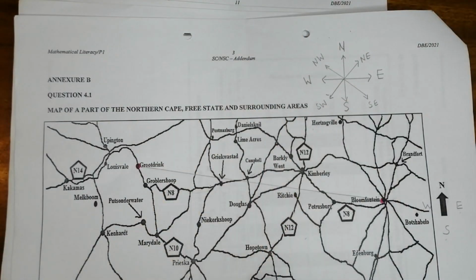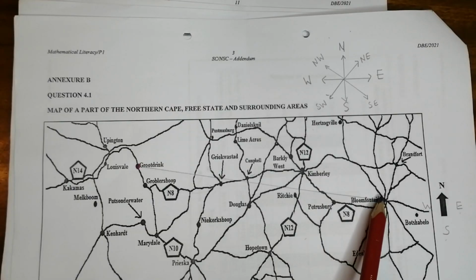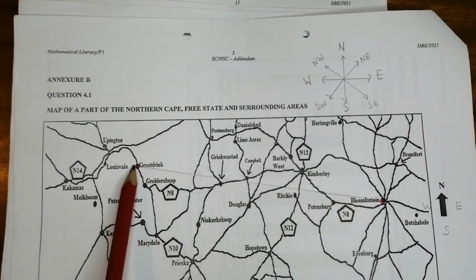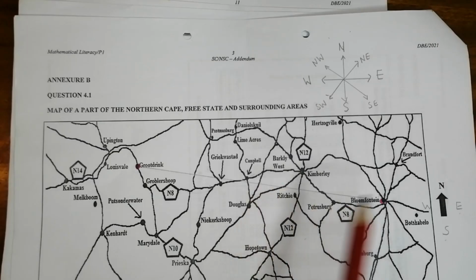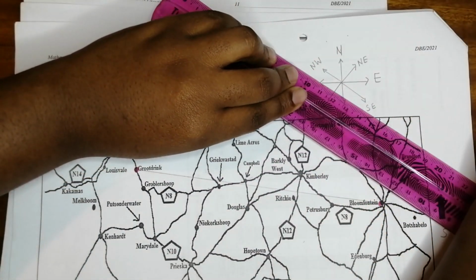So now, if you are moving in a direction from Bloemfontein to Grootdrink like that, do you guys agree that you are moving in the northwest direction?